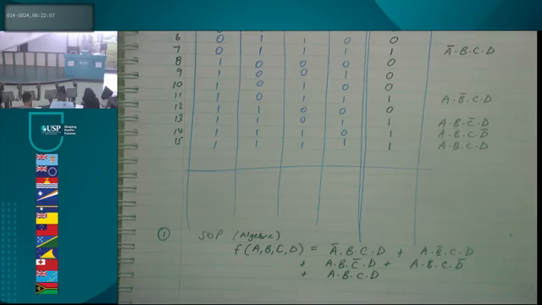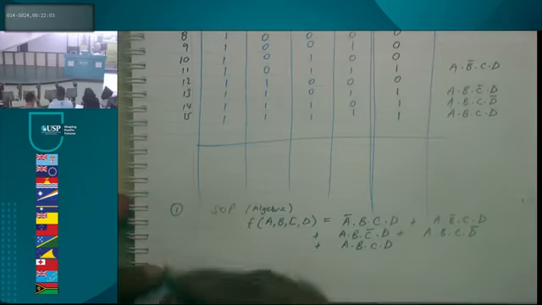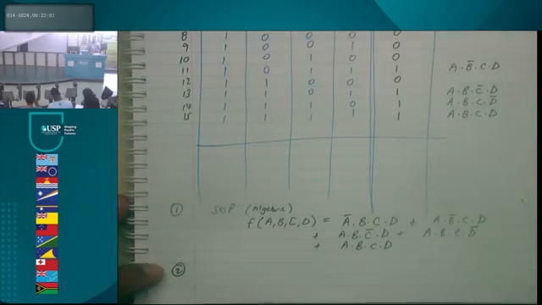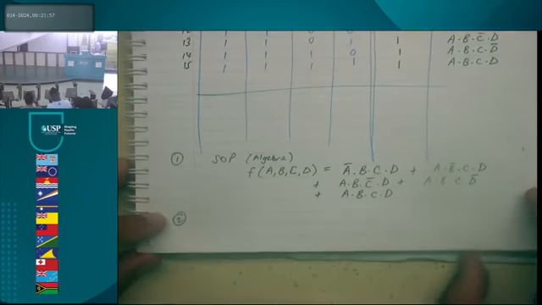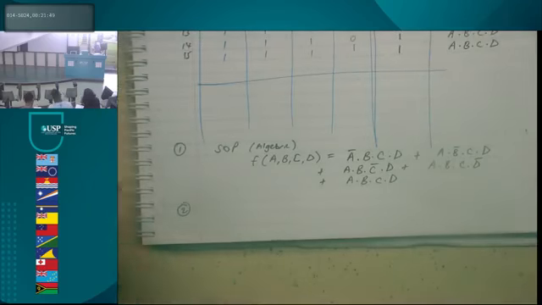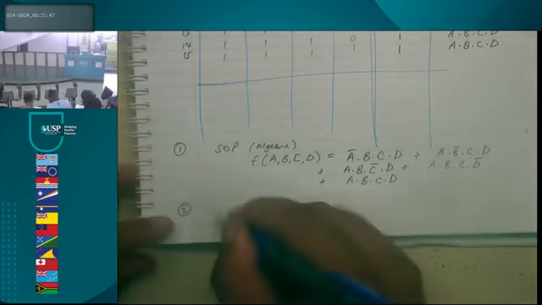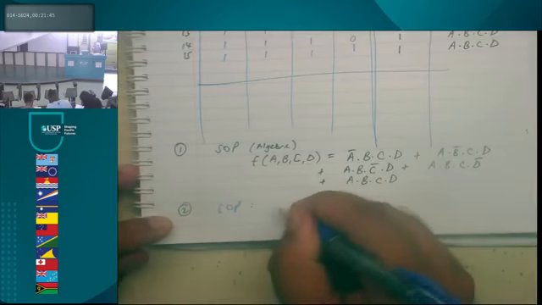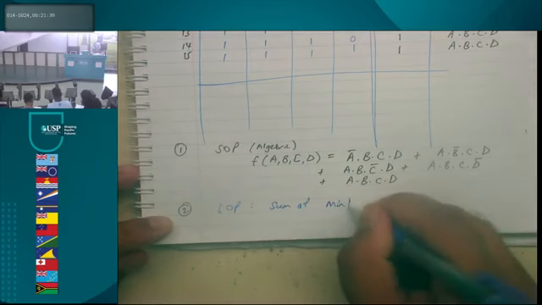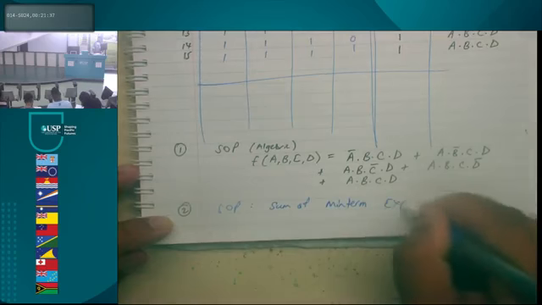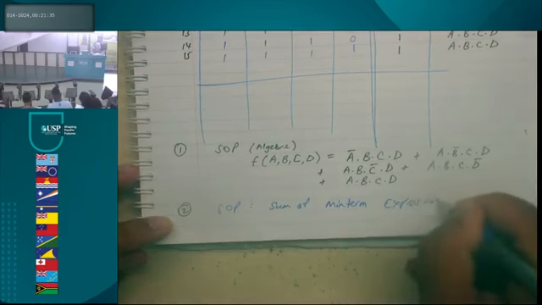Now, as a second question, I want to rewrite that as the sum of min-term expressions. I did this yesterday, and this is also on Moodle, but this is a new problem altogether. I just made this now. Let's write this in SOP, but as the sum of min-term expression.